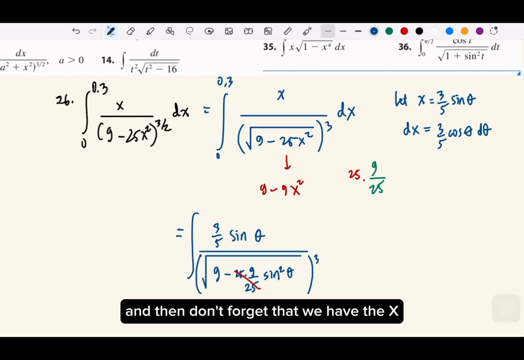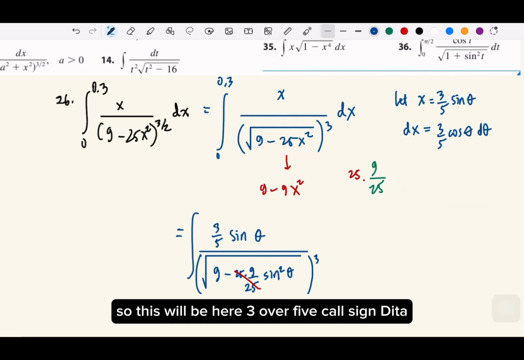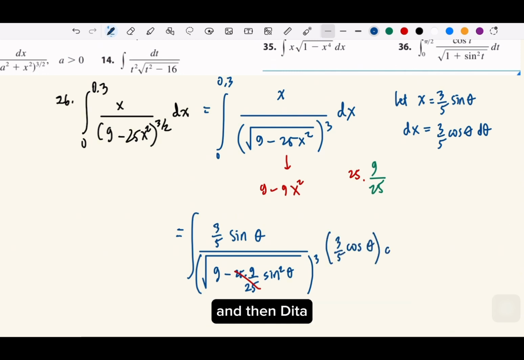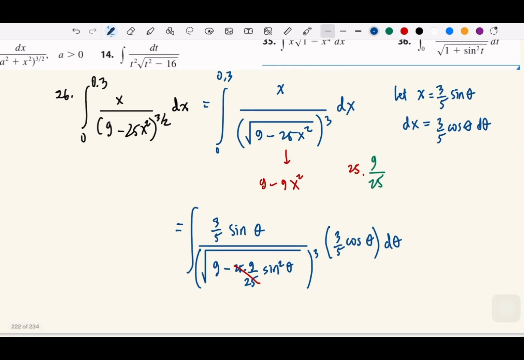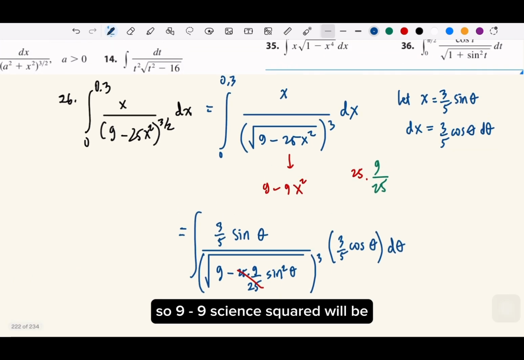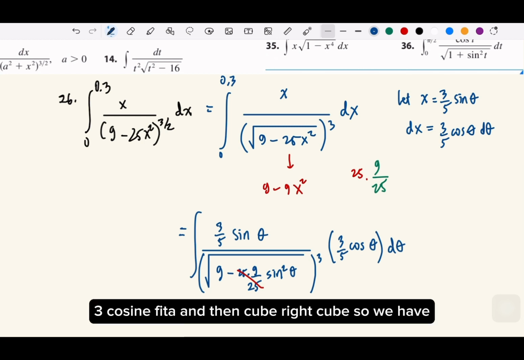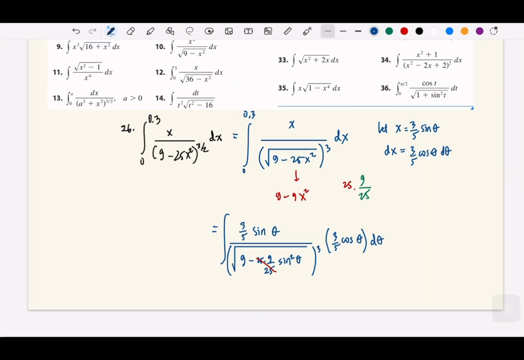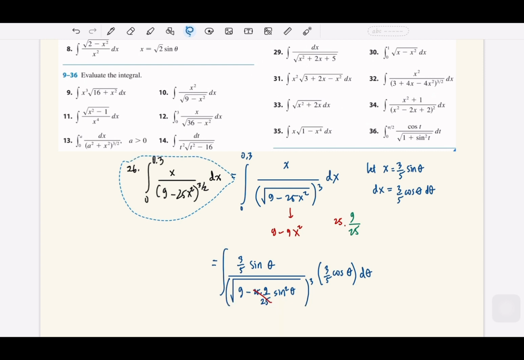And then don't forget that we have dx, which is 3 over 5 cosine theta d theta. Next thing is we try to simplify. So 9 minus 9 sine squared will be 3 cosine theta, and then cubed, right? Cubed.